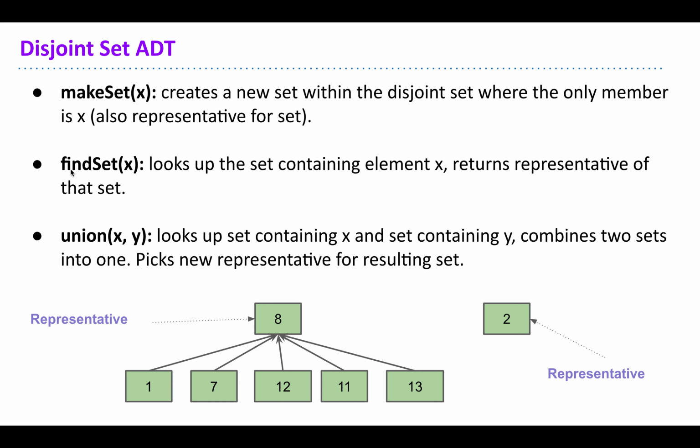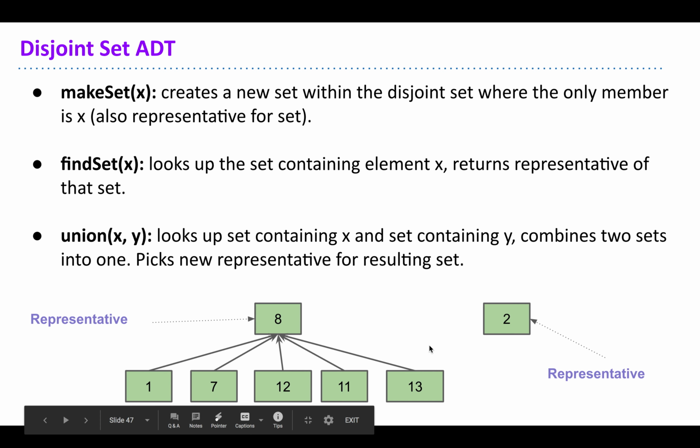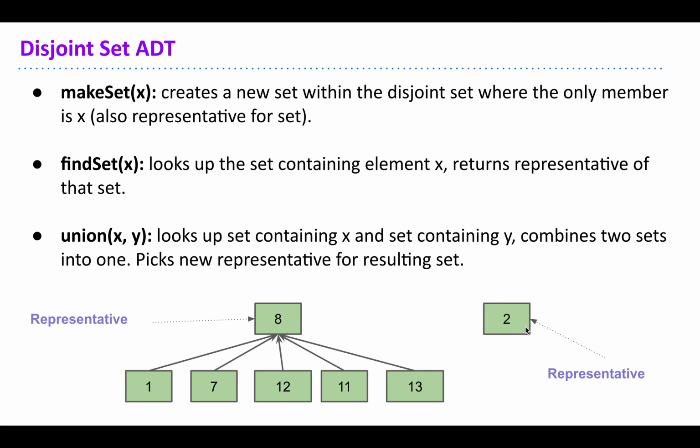Find set we can also do. So you can look up, if I have a value X in my disjoint set, what set is it part of? It looks up the set containing element X and returns the representative of that set. Going back to this picture, what we mean by representative is that we arbitrarily have a node be the representative of its set.